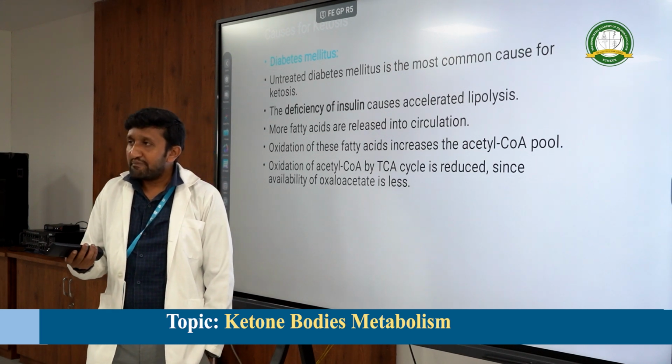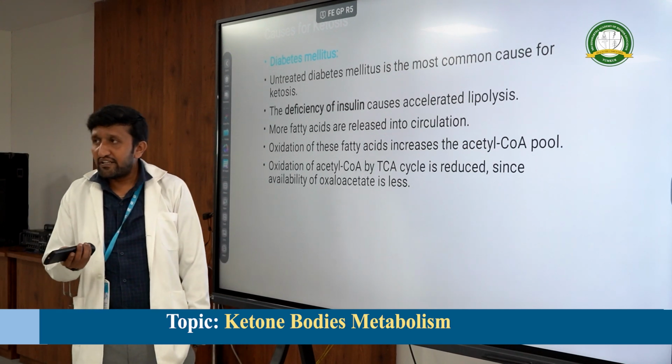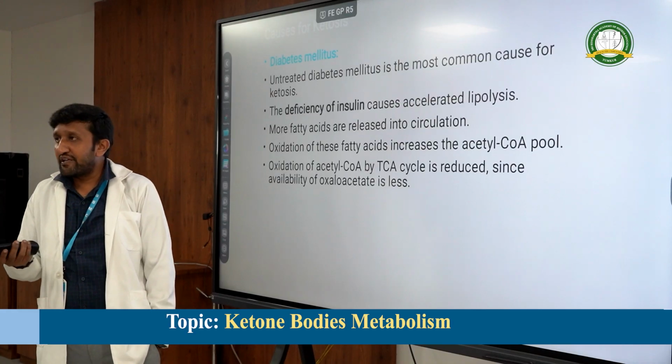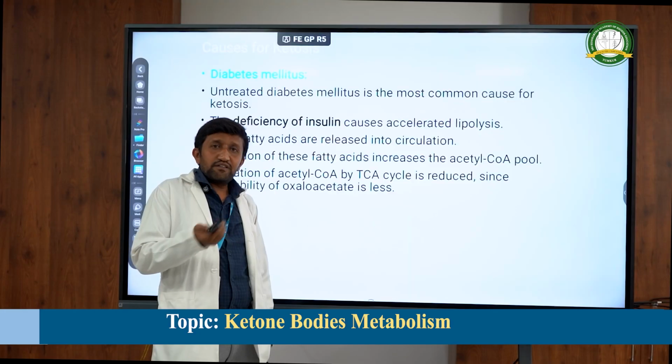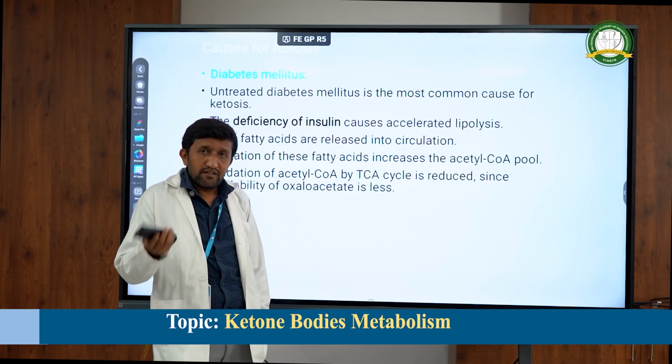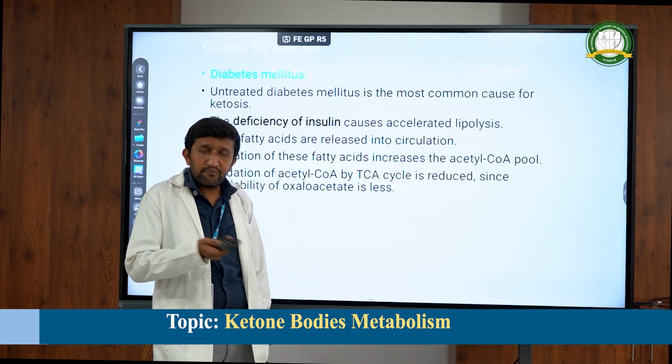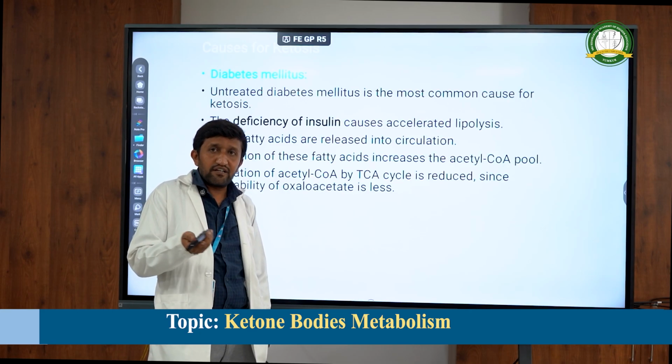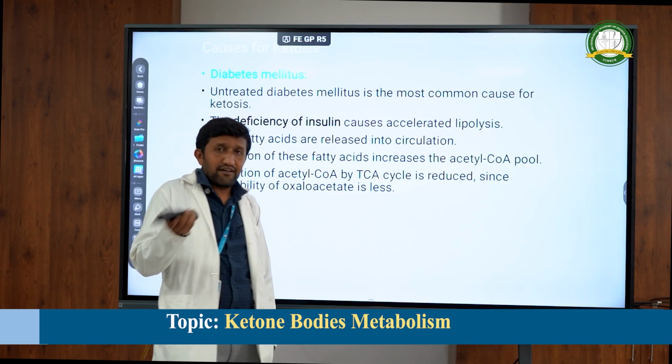The extrahepatic tissue, that is skeletal muscle, has a GLUT4-dependent transporter. When insulin is absent, the glucose cannot be utilized by the skeletal muscle cells. The next source is lipid.